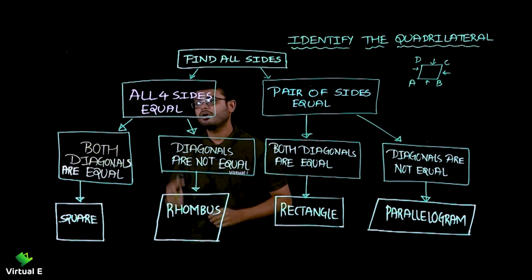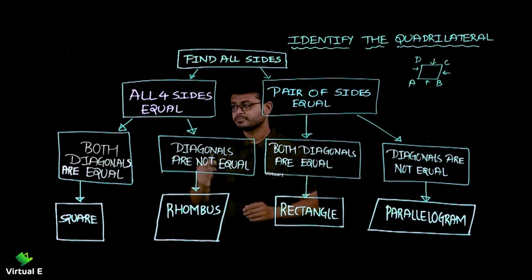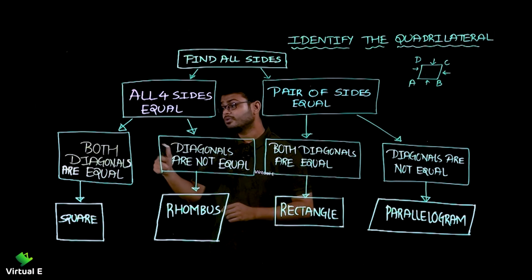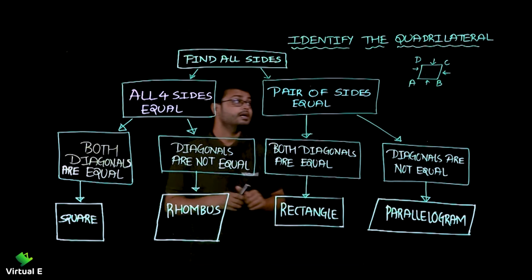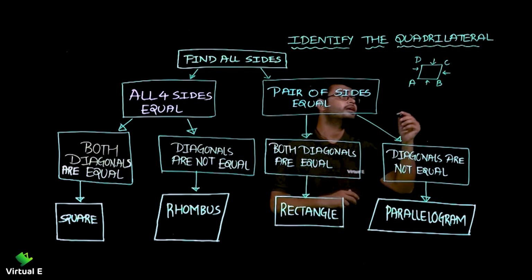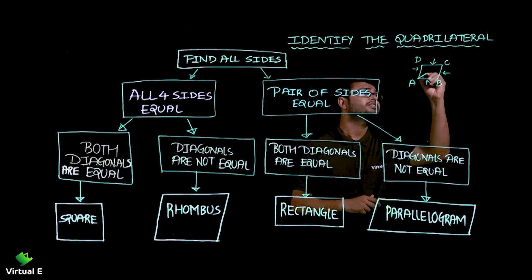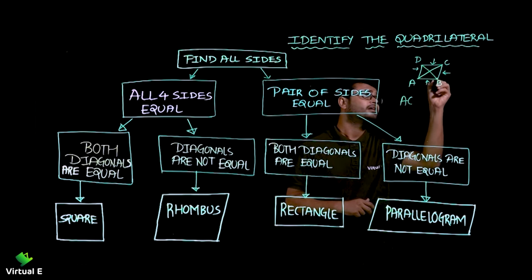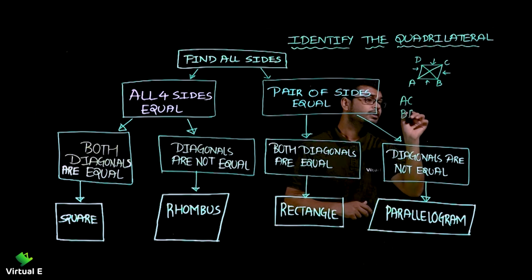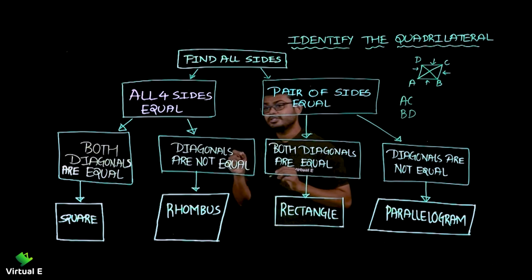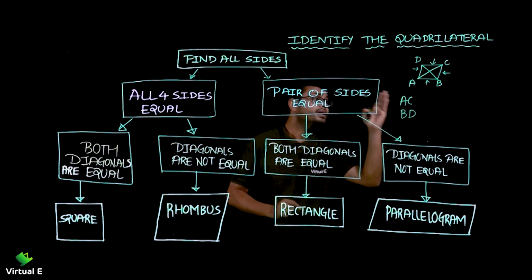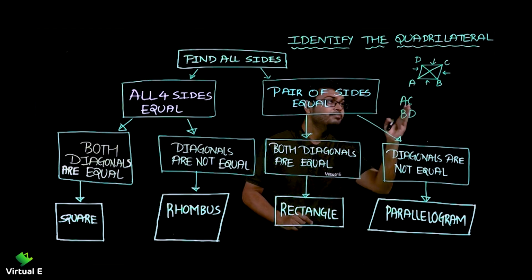Let's talk about all 4 equal sides first. After getting all 4 equal sides, you need to check the diagonals. Now diagonals, if I talk about this quadrilateral, let's say AC is one diagonal, then I will be finding the other diagonal, which is BD. So in addition, after getting the 4 sides, you need to get 2 diagonals as well, AC and BD.